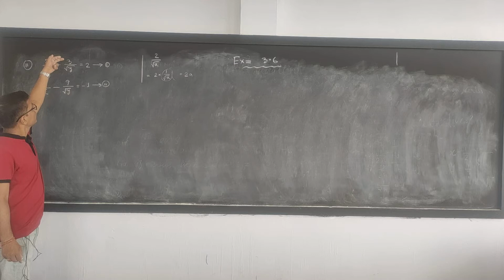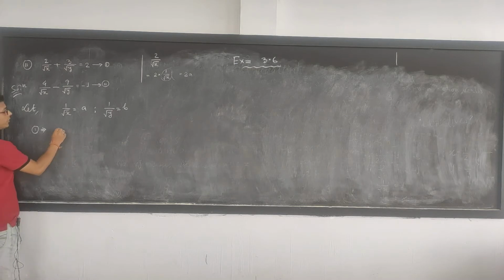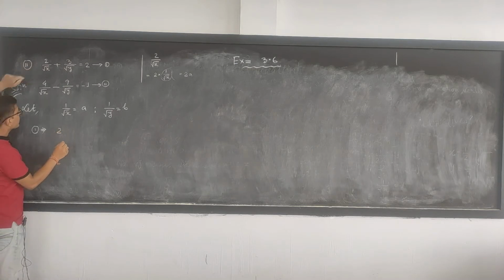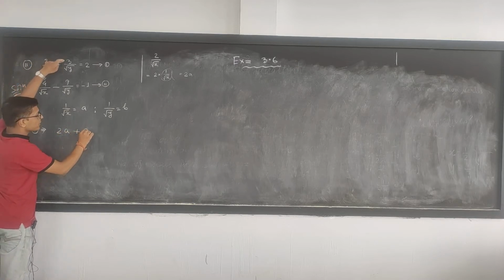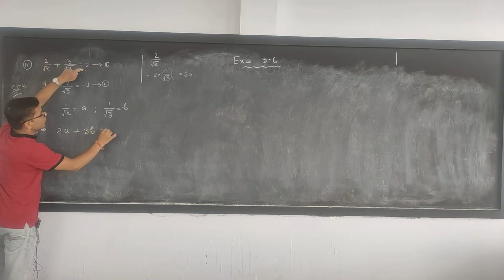Now equation 1 will give you: 2 by root over x can be written as twice a, because 1 by root over x is considered as a, so it will be twice a plus 3 by root over y can be written as thrice b is equal to 2.